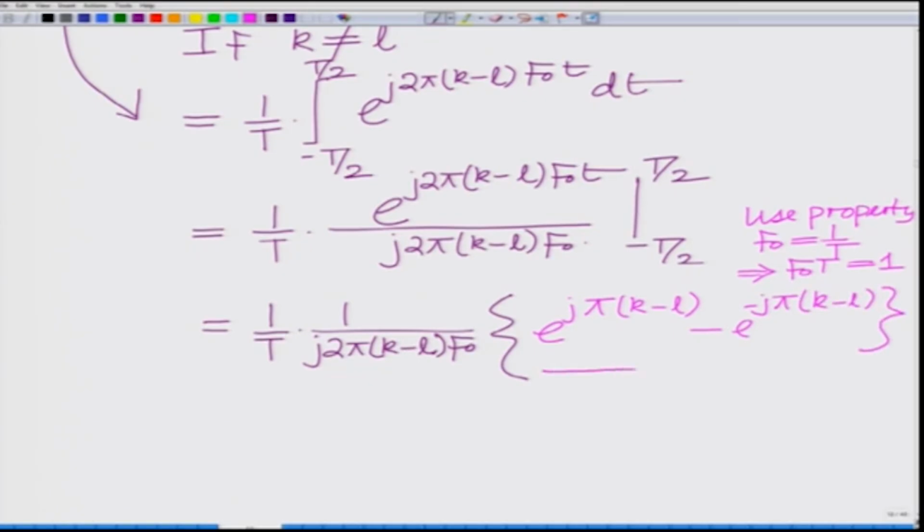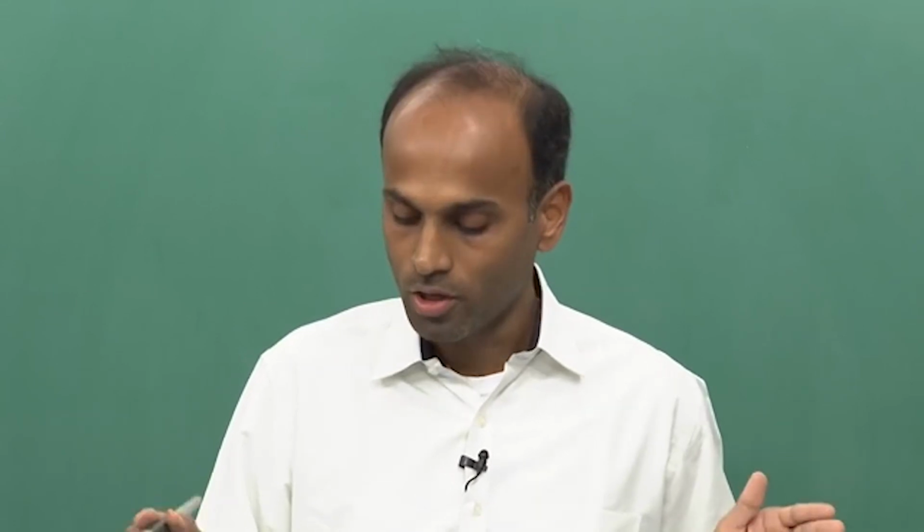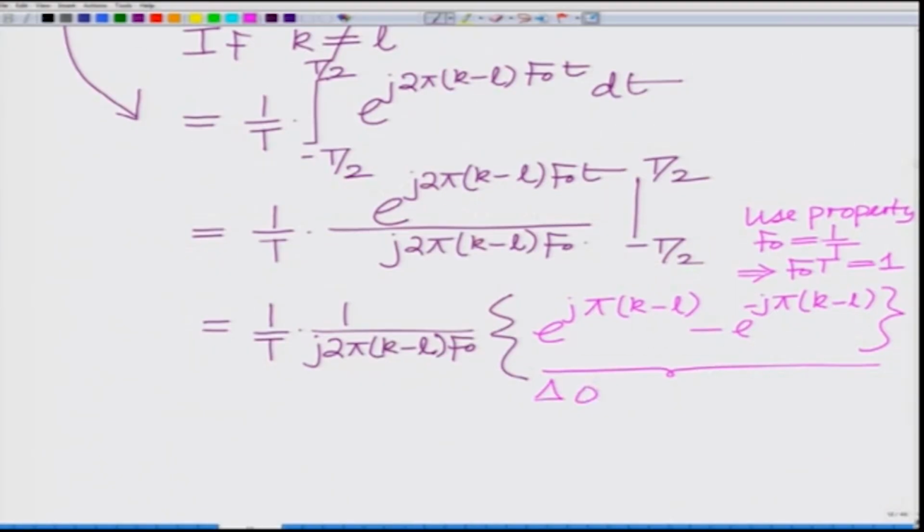Now, look at this. This is a complex sinusoid evaluated at phase pi (k minus L) and phase minus pi (k minus L). The difference between the two phases is 2 pi times (k minus L), that is an integer multiple of 2 pi. Therefore, these two complex sinusoids are equal, hence the difference is 0. So the phase difference equals 2 pi (k minus L), which means this quantity is equal to 0.